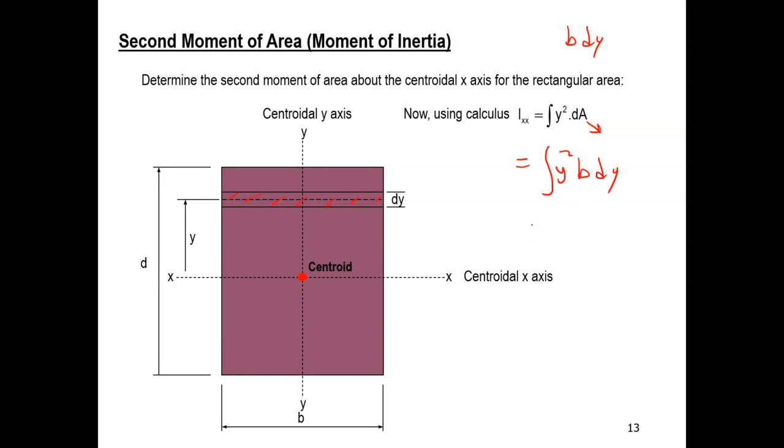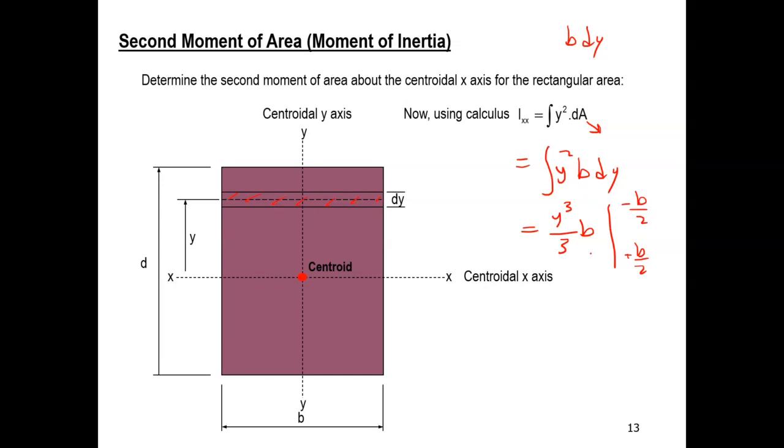Okay, and that integral is equal to what? That integral is y cubed over 3 times b, and what is the variation of y? y is changing between minus b by 2 to plus b by 2.